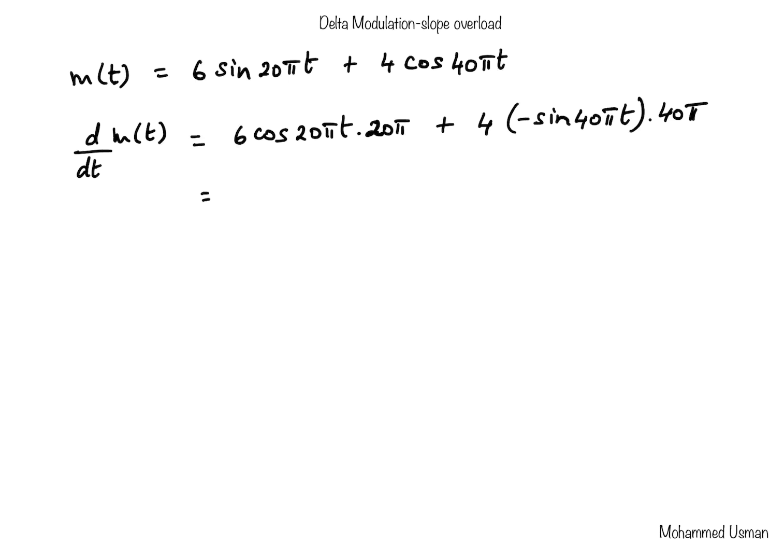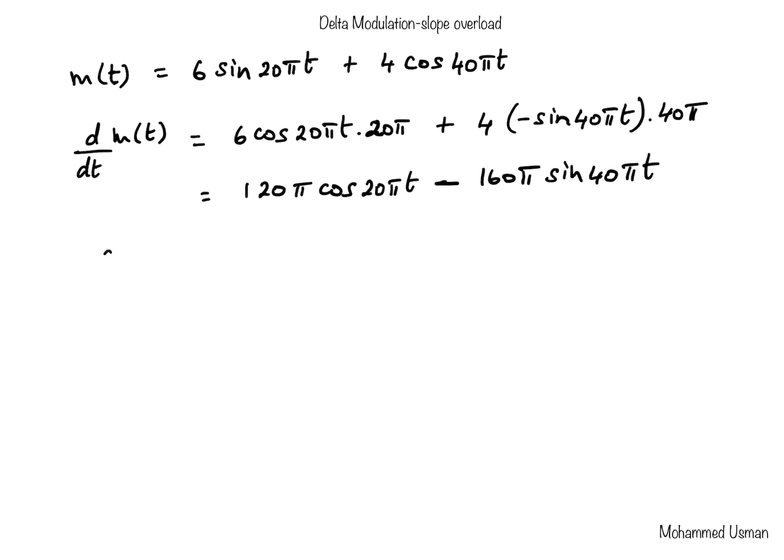So we can bring this 20 pi and multiply it with the 6 here. So 20 into 6 is 120 pi. So 120 pi cosine 20 pi t, and we have plus into minus, so this will become minus. So minus, we can multiply this 4 with this 40 pi, so that will make it 160 pi into sine 40 pi t. So that's the derivative of the input signal M of t.